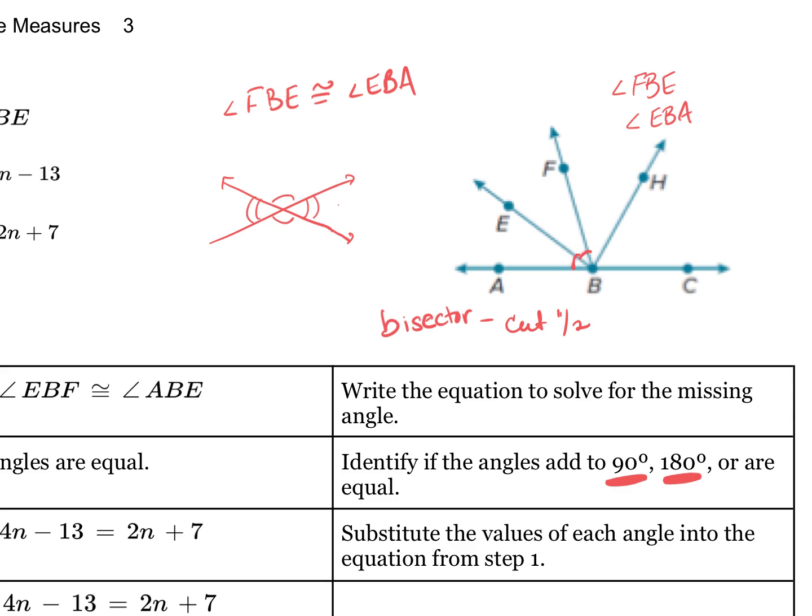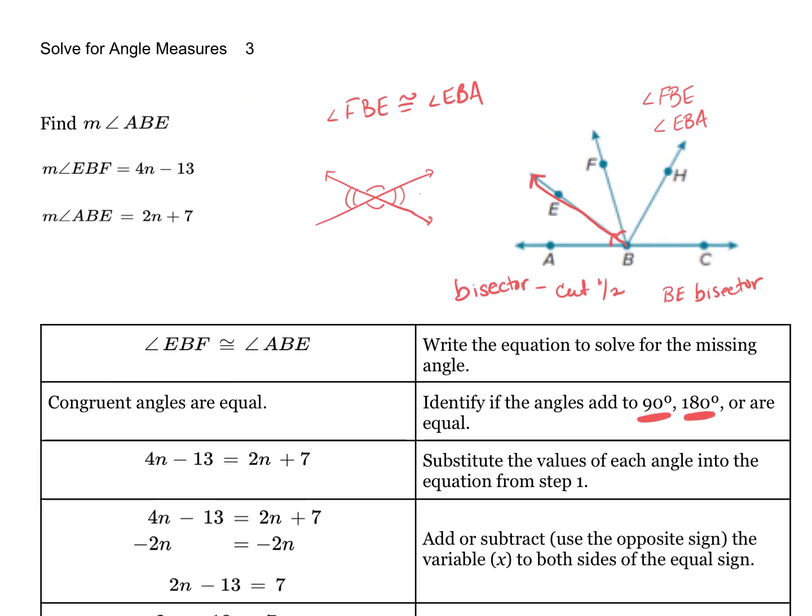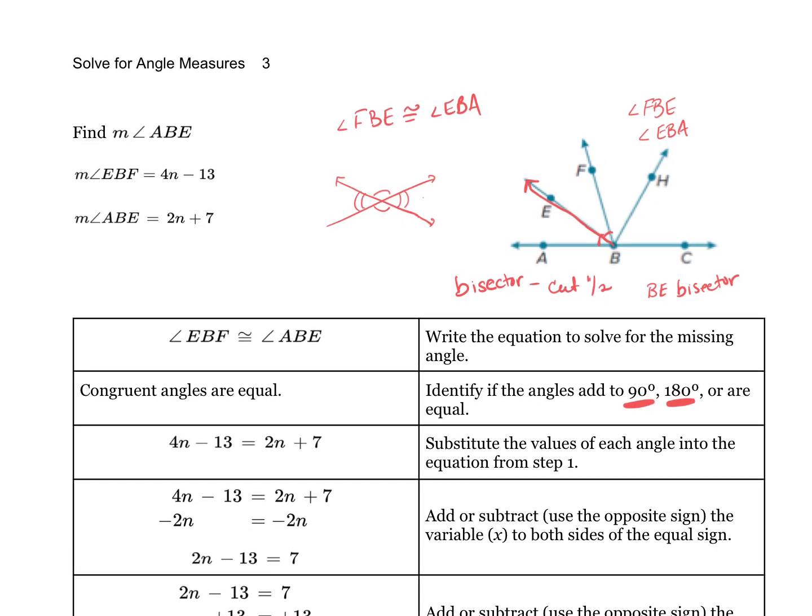Okay, so in this particular case, because FBE and EBA are congruent, that means that BE is a bisector. Okay. Now, how we solve this is exactly the same as the two other examples I just did. The only difference is the diagram.